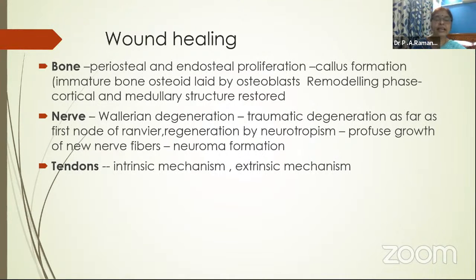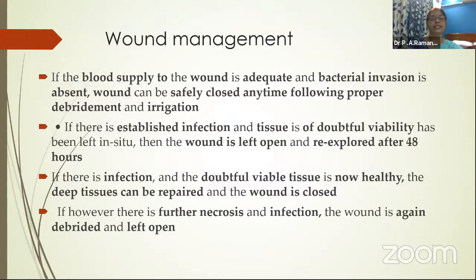With this extrinsic mechanism of healing, there can be limitation of movement, as adhesions form. So we have to prevent this adhesion formation by early physiotherapy. During the intrinsic mechanism, rest, followed by physiotherapy to break any adhesions.